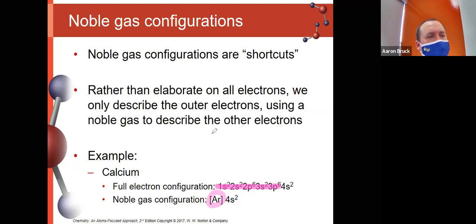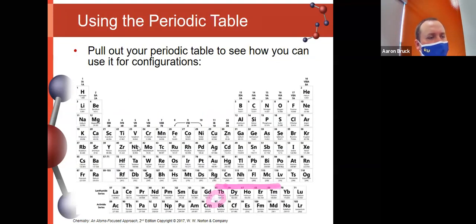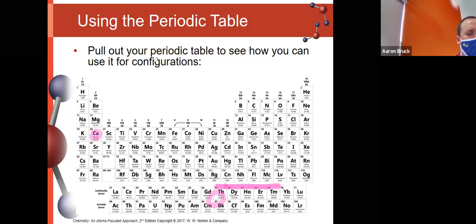Now again, how do we get there? If you look at your periodic table, calcium was right here. We go backwards until we hit a noble gas. That noble gas is what we put in brackets. Then we finish the electron configuration that follows that noble gas.